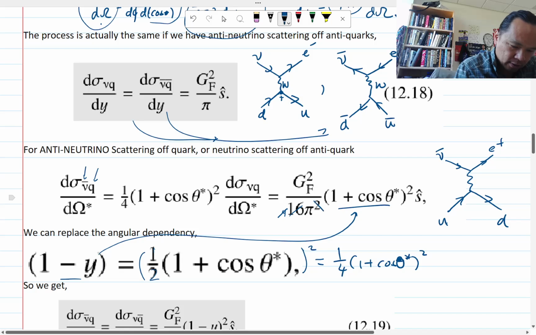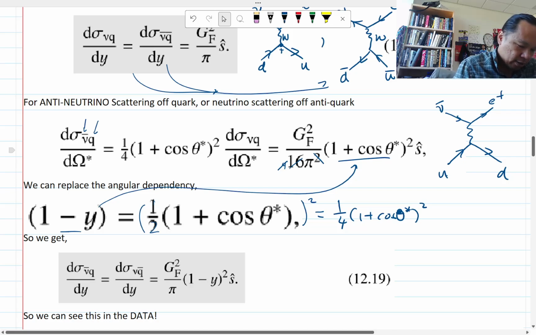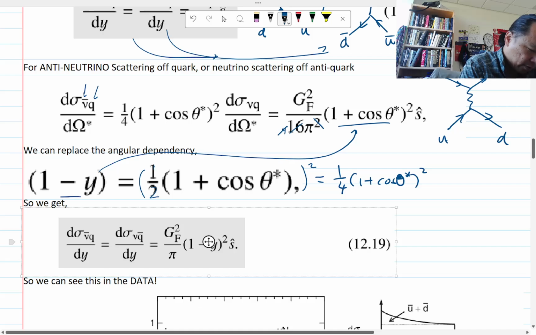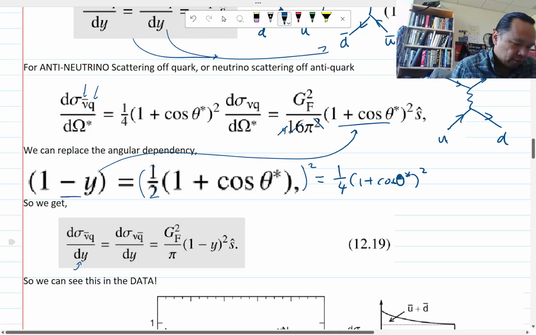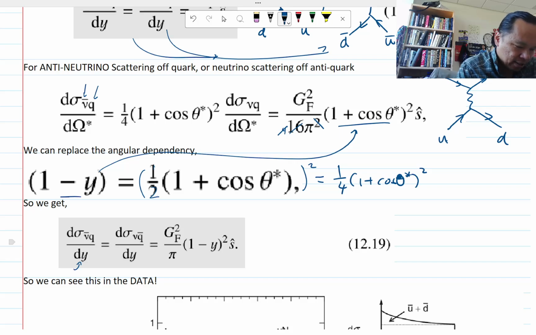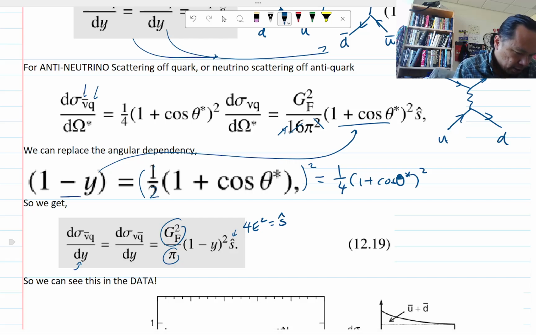Net, there's another factor of 4 and a pi that disappear from that. So when you calculate the differential cross-section of antineutrinos to regular quarks, as a function of the inelasticity parameter, all you get is this G Fermi squared divided by pi, and then 1 minus y squared, of course, because you kept that. And then you still have the center of mass energy, which is 4E squared. That's what that is. Okay.